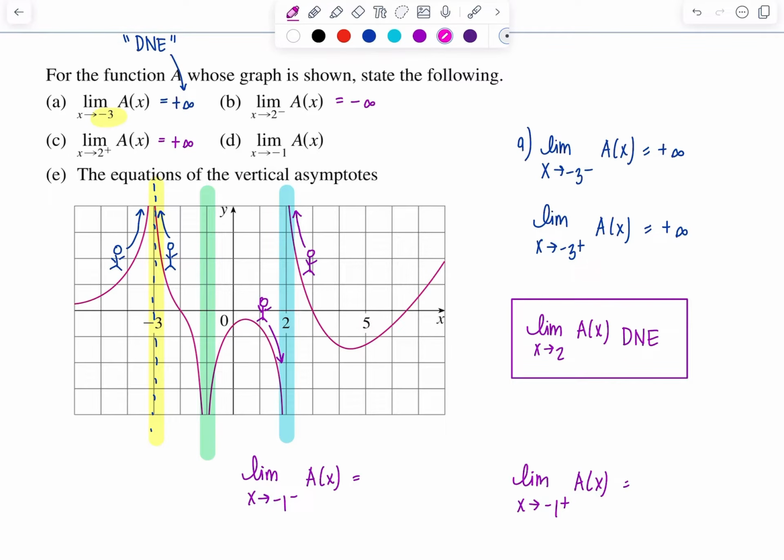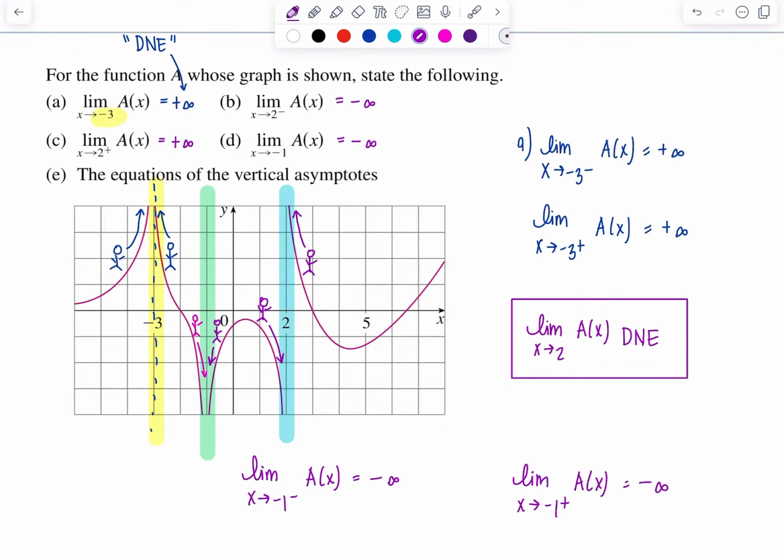So -1 from the left, you're walking on the graph here, and where are you going? Down, down, down, down, down to negative infinity. What about from the other side? Straight to the abyss with you too, negative infinity. So the limit as x approaches -1 is negative infinity.